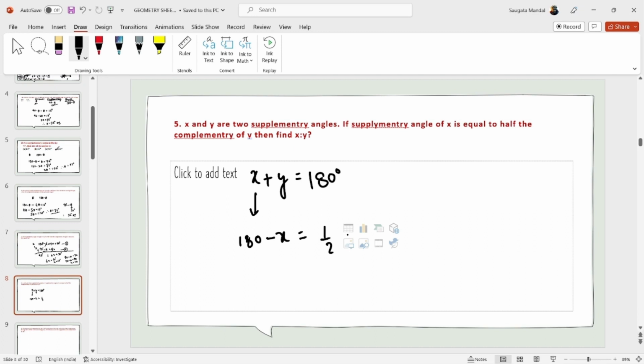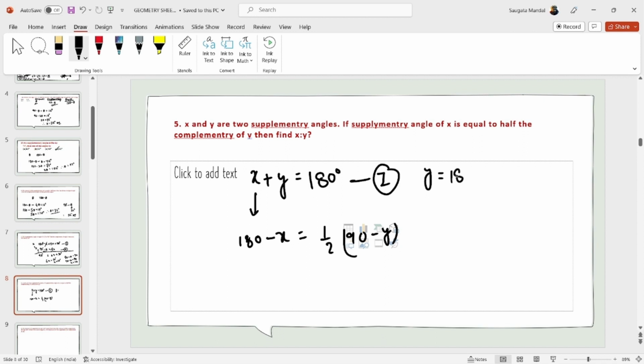What is the complementary angle of y? 90 degree minus y. This is the complementary angle of y. Supplementary angle of x, that is 180 degree minus x, is equal to half of the complementary angle of y, that is 90 degree minus y. Now we can put the value of y from equation 1.